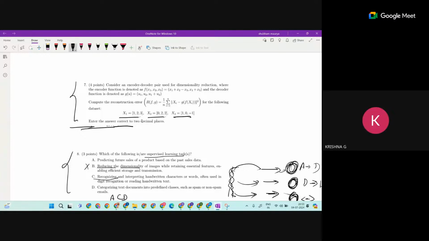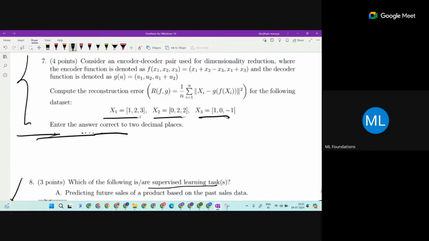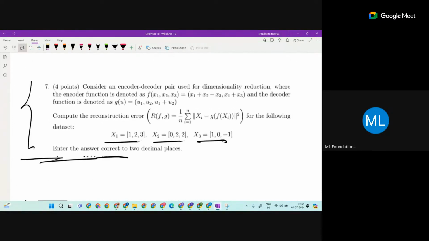Sir, can you please zoom in a little bit? Okay, let me. Yes, sorry, I think now it would be fine. Sir, for the GA we didn't get any question from density estimation, so can we expect something in the quiz?